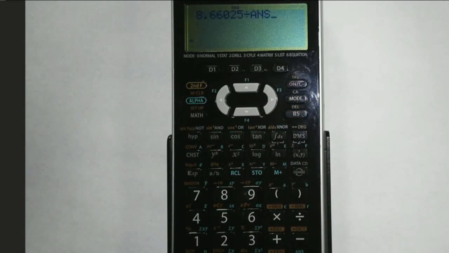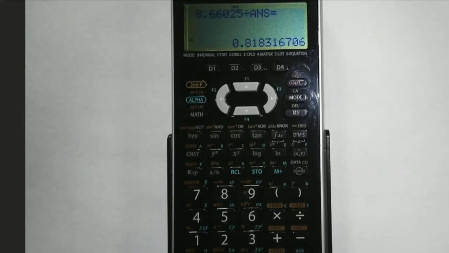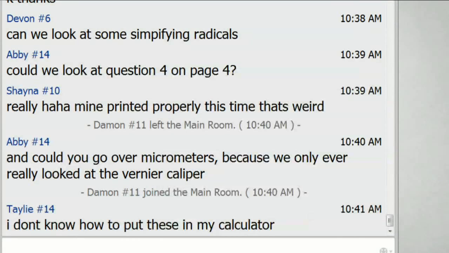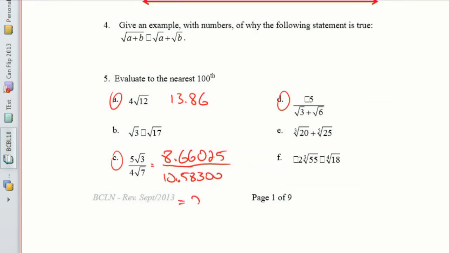So that was the bottom. And the reason I do this would be to carry as many decimal places as I can. So on the top, I've estimated it at 5 decimal places, but if I use the calculator's memory, then I get a bunch more decimal places. So I get 0.818. Which is going to be 0.82 to the nearest hundredth.